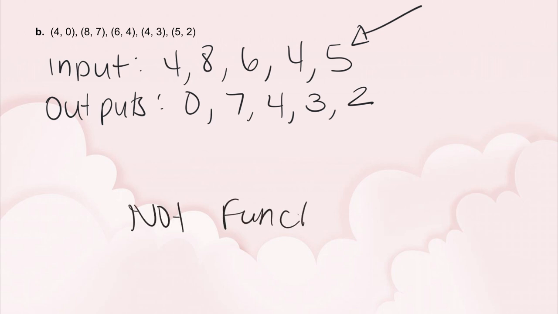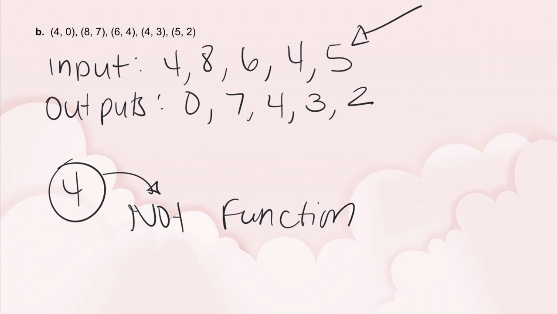Why? Which one is being repeated? 4 has two outputs, so it's not a function. So to determine if it's a function, we look at the inputs, and they cannot be repeated. It doesn't matter if your outputs repeat. Your inputs are the ones that cannot be repeated.